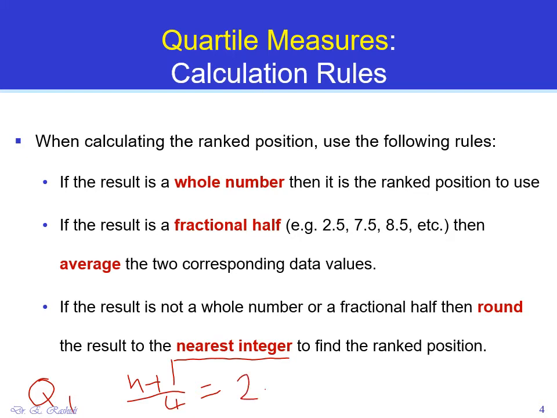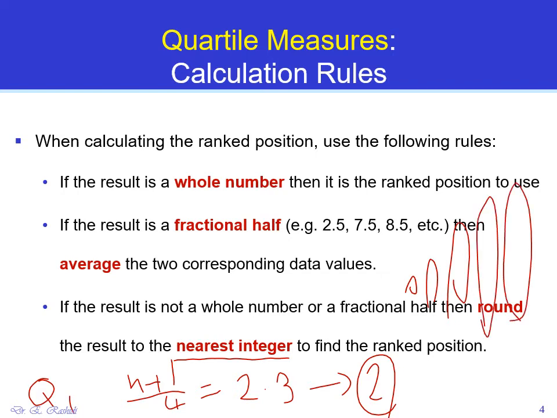For example, 2.3. What is the nearest integer to 2.3? We have to round it down because 2 would be the closest value. So the second number in your sorted numbers would be your quartile.